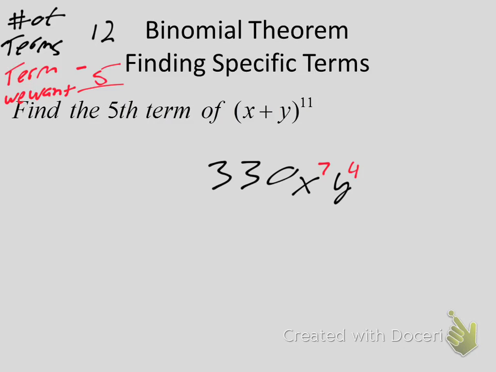Because we wrote down yesterday that the sum of these two exponents needs to equal that exponent right there. That's how you go about doing it. You figure out your coefficient first, get your number of terms, subtract off the term you want. That number is your x exponent. Make sure that number adds up to whatever exponent you were given. That one goes in your y.